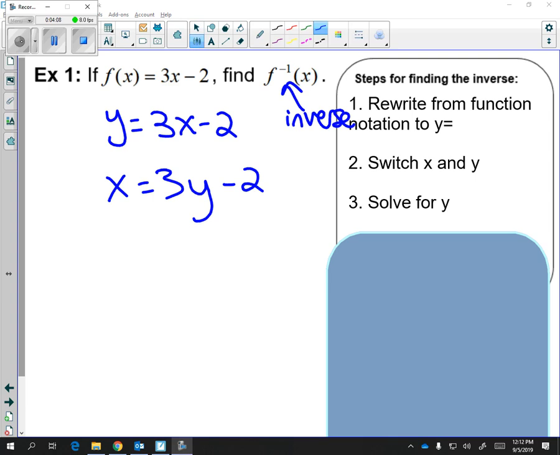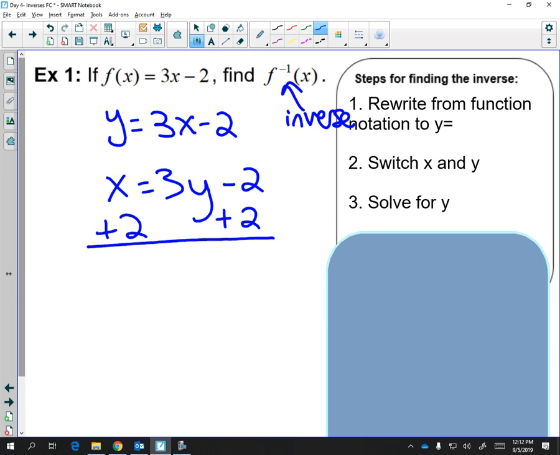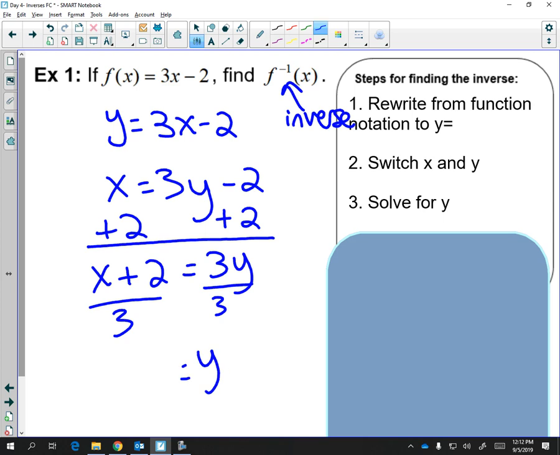So we're going to bring over the 2 to get x plus 2 equals 3y. And then we're going to divide by 3 to get the y by itself. We end up with y equals (x plus 2) divided by 3.